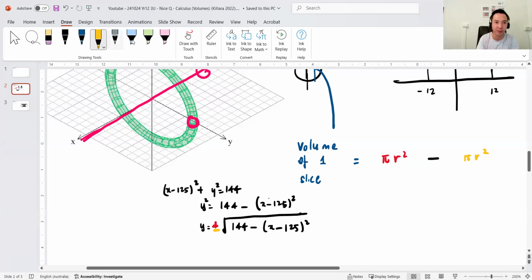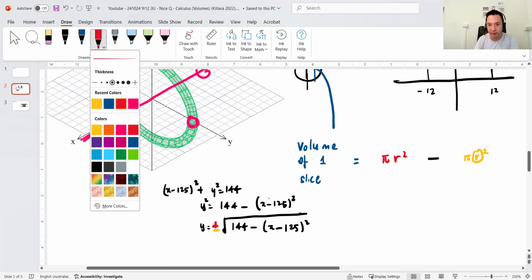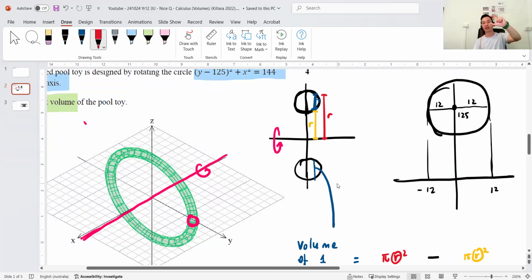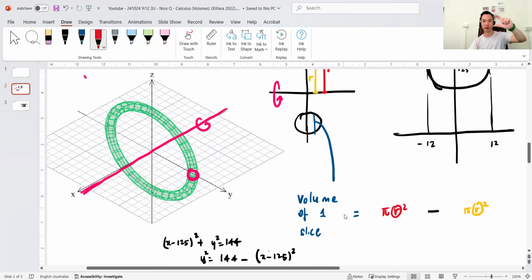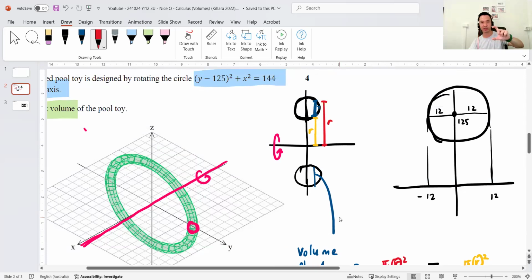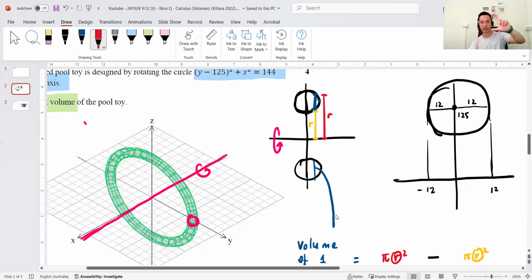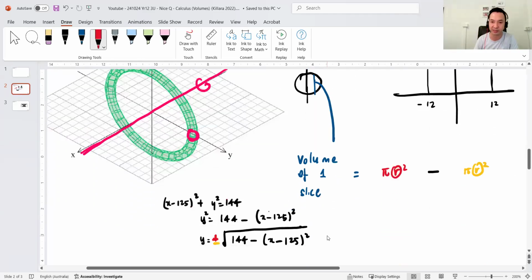So the two R values I end up subbing in come from this Y value here, because you can see in the diagram, if the blue line was representing the volume that I need, representing the differences in the Y values, the smaller R value is the Y value with a minus, and the larger Y value, which is the red one, is the Y value with a plus.